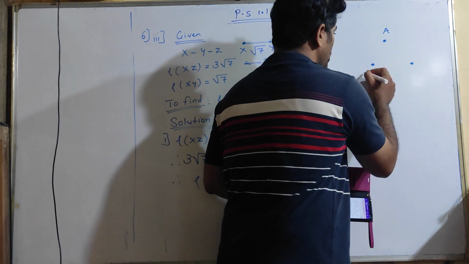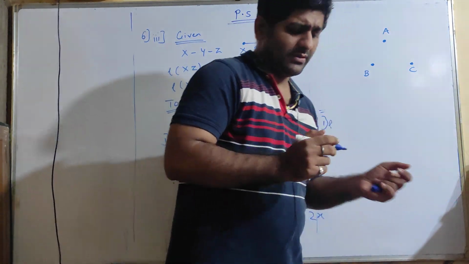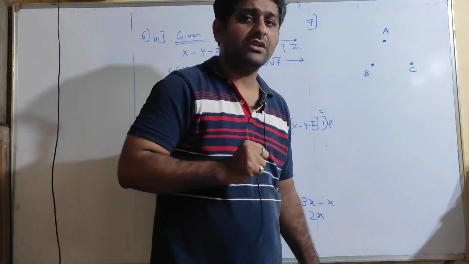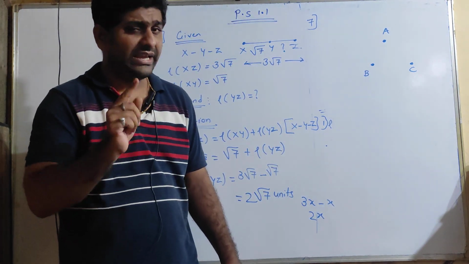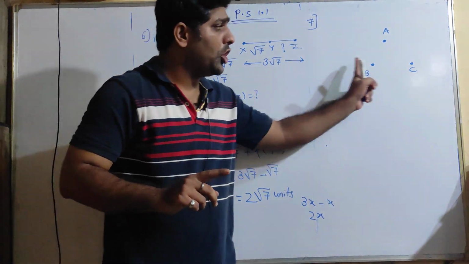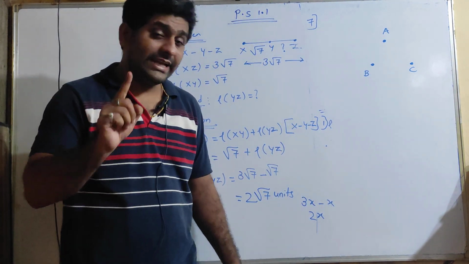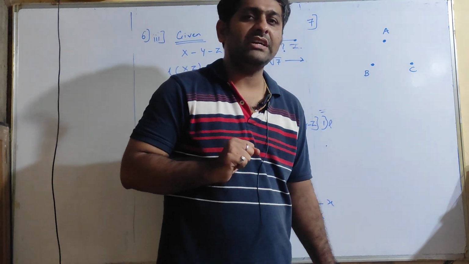Let's say the 3 non-collinear points are A, B and C. Now students, let us recollect first what are non-collinear points. Now if a straight line cannot pass through a set of 3 points, then such points are termed as non-collinear points.